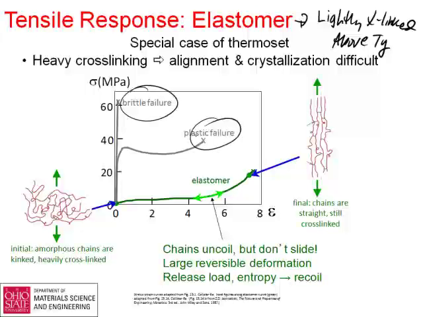Moderately cross-linked here, lightly cross-linked above glass transition temperature, you get an elastomer. Again, you get huge strains out of this. The chains can uncoil, but they don't slide. And if you release it, again, it has to be above glass transition temperature, it'll go back to the high entropy or low energy configuration.